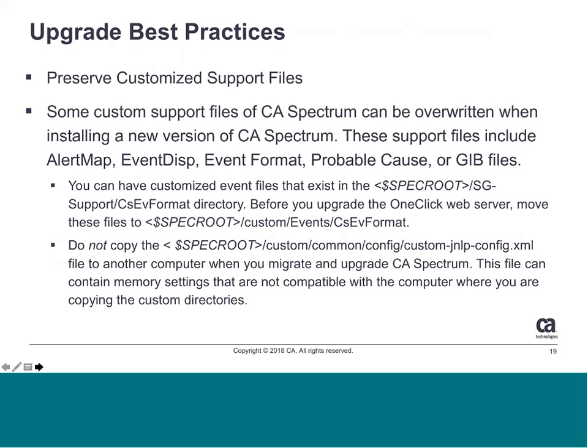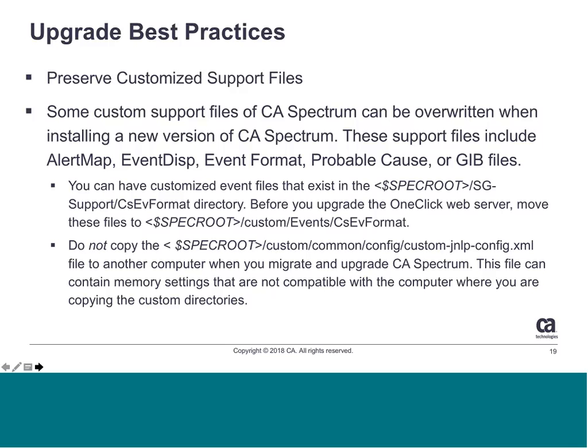Now, if we talk about the upgrade best practices, it's important that you preserve the customized support files. Some of the custom support files may be overwritten when you're installing a new version of CS Spectrum. So it's important that you preserve these, and you can actually move these event files that provide the details of where they exist.